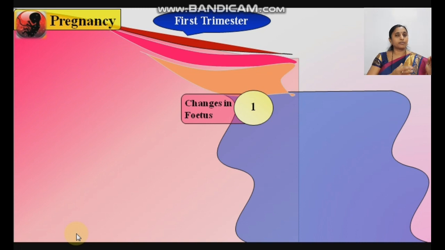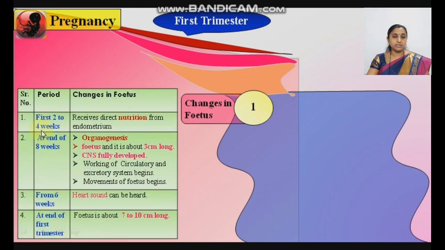All these changes take place week by week. In the first 2 to 4 weeks some changes take place. Organogenesis starts and continues up to the end of 8 weeks. At 6 weeks, the heart sound starts.